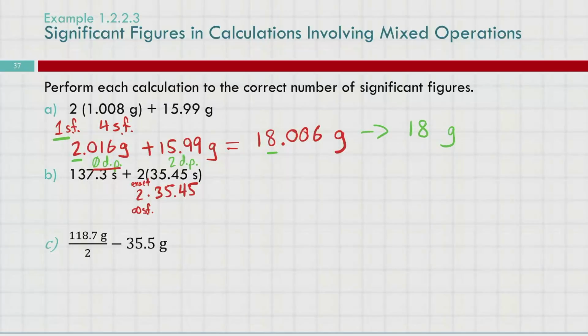35.45 has how many significant figures? 4. So if we've got 4 significant figures and infinite significant figures, which one of those is smaller? 4. So plug in 35.45 to your calculator. See what our intermediate number is.